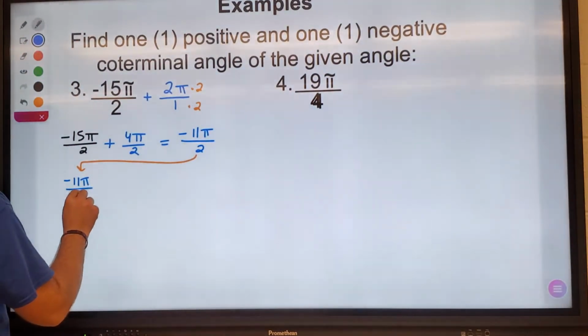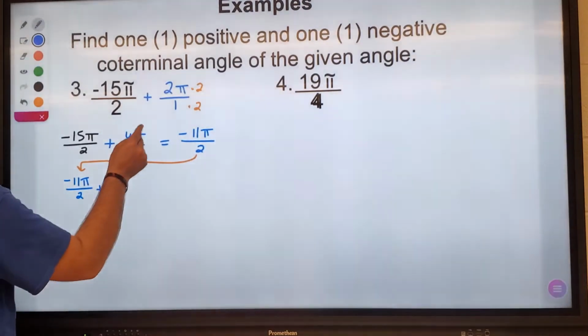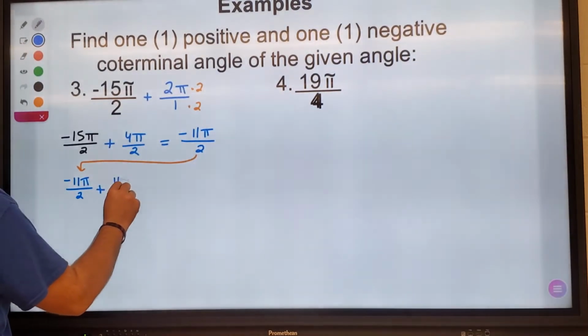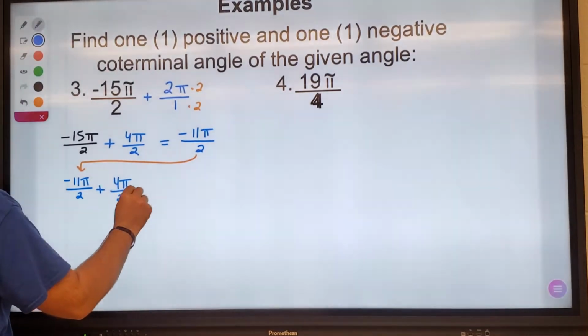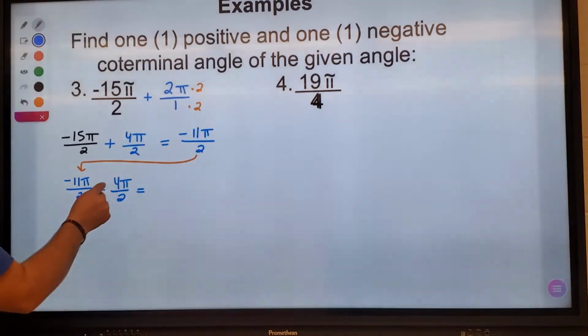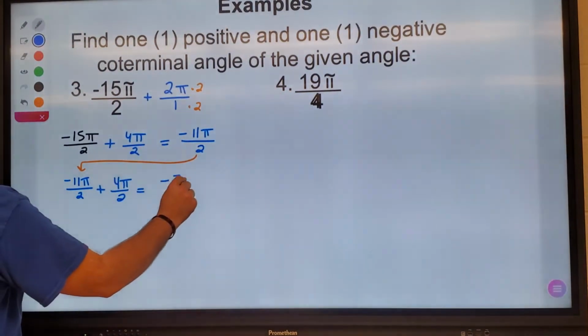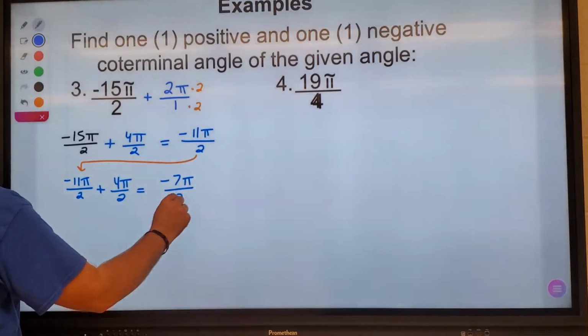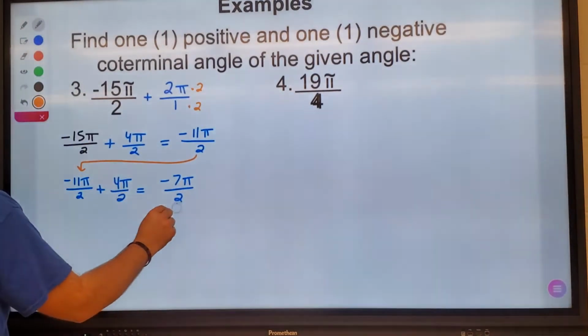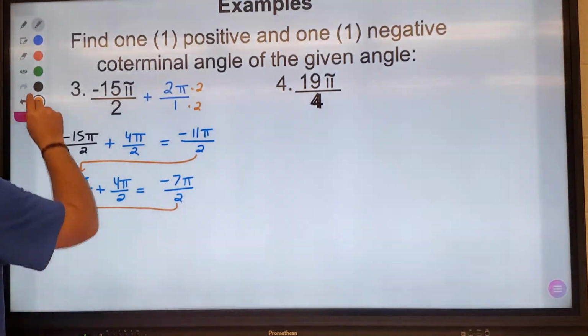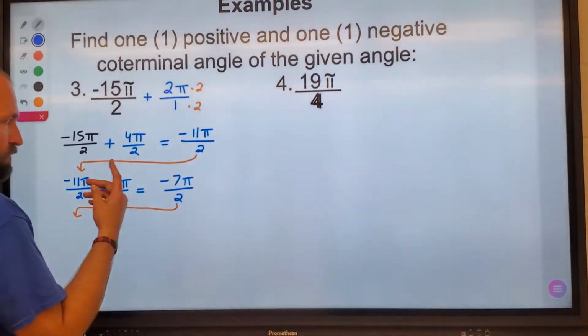So negative 11 pi over 2. I'm going to add, and again I can stay with this 4 pi over 2. Now negative 11 plus 4 is negative 7 pi over 2. And I'm going to continue until I get a positive, because I need one of each.